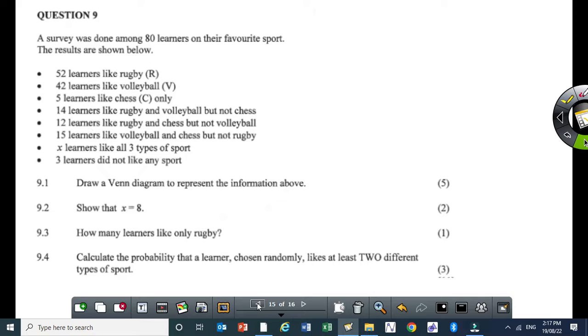Alright. The first question says, draw a Venn diagram. Now I'm going to draw the Venn diagram to guide you to answer the question, because it's very important.